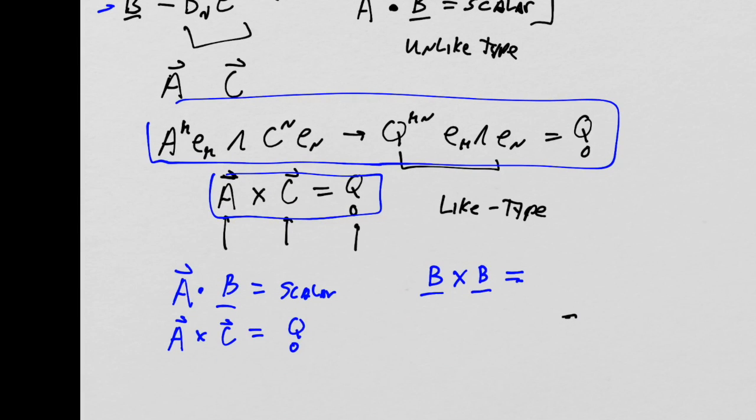So when we wedge them, what do we end up getting? We end up getting a honeycomb, so we would call this a honeycomb. It would be B mu E mu wedge, I shouldn't put a B there, I'll call it a D, wedge D nu E nu, and this whole thing would be S mu nu E mu wedge E nu, and that's an obvious 2 form, of course, which we visualize as a honeycomb.